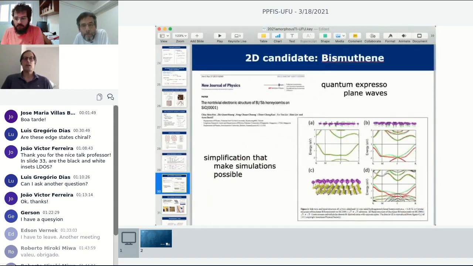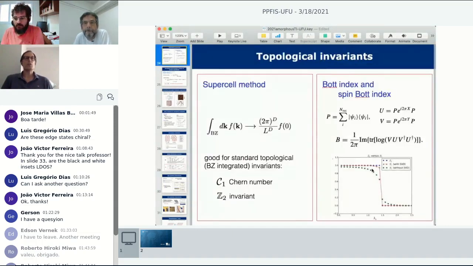And actually, these guys are about to add this routine to compute the Bott index to this package, and they'll publish it or something.